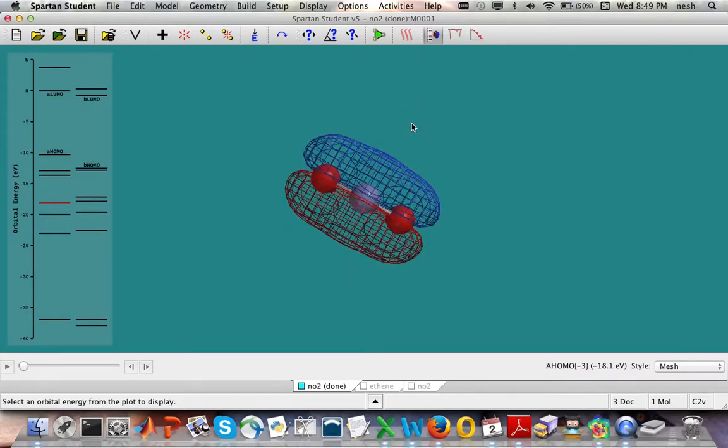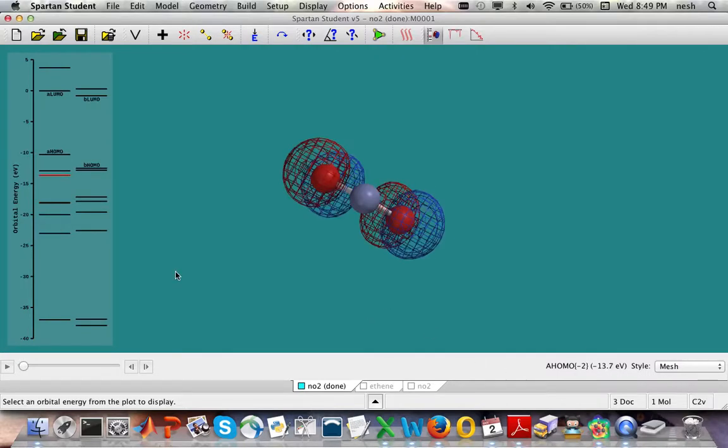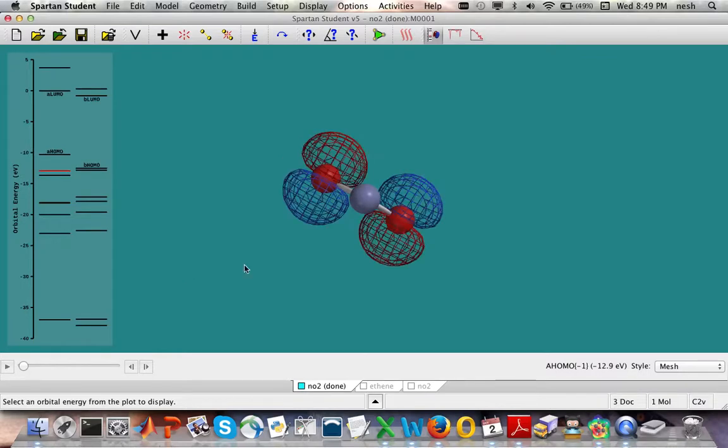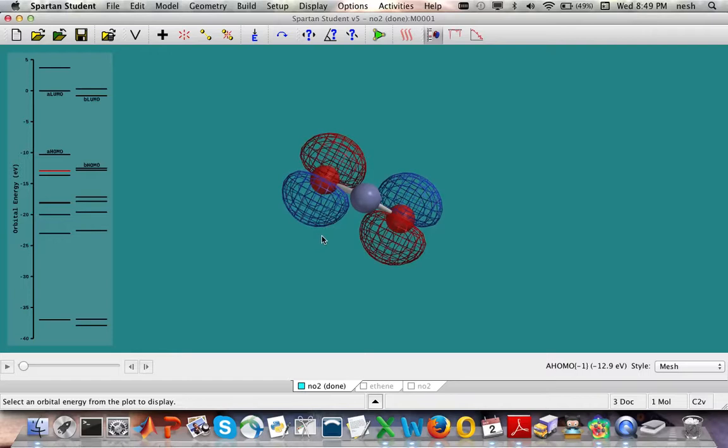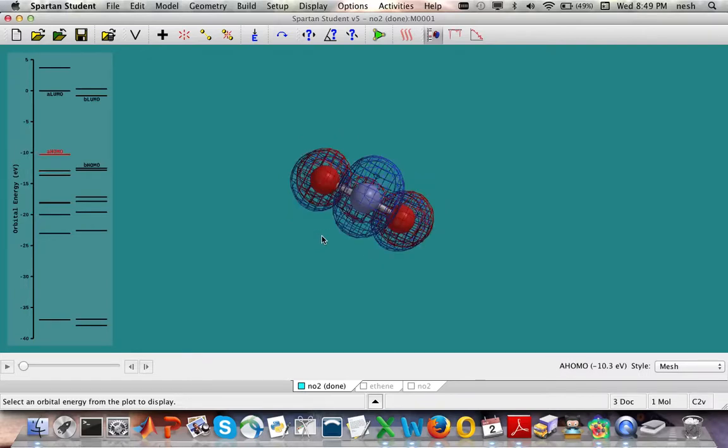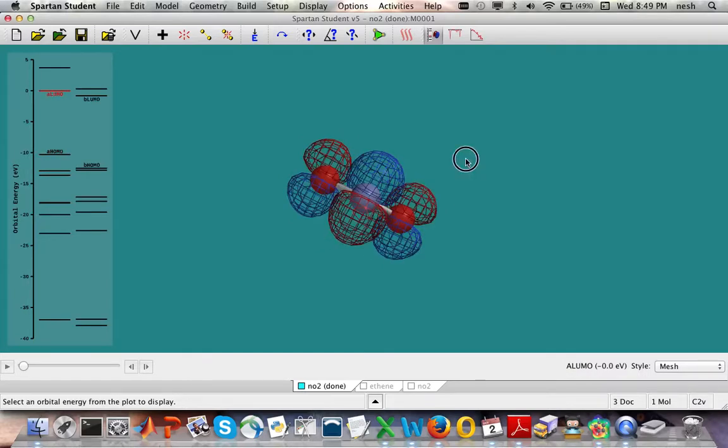Looks like a bonding one, and it's got this energy right here, minus 18 electron volts. There's another sigma or sigma star. Oh, there's another pi, and it's interesting. We'll go up one more to the next pi, and there's the third pi orbital.